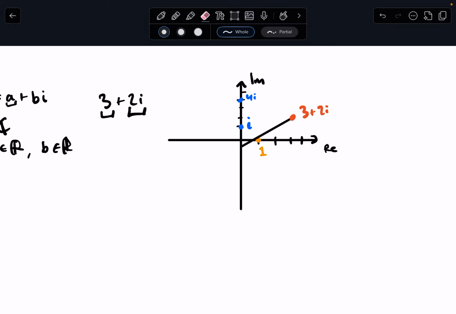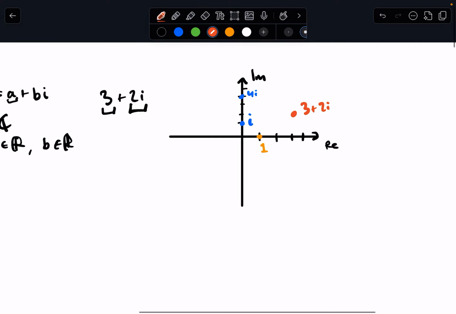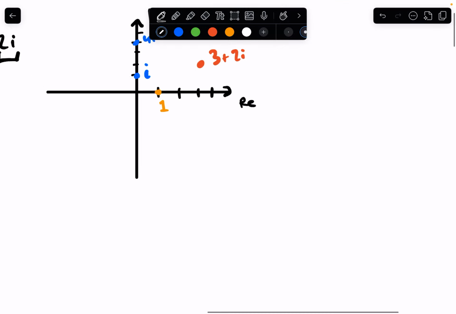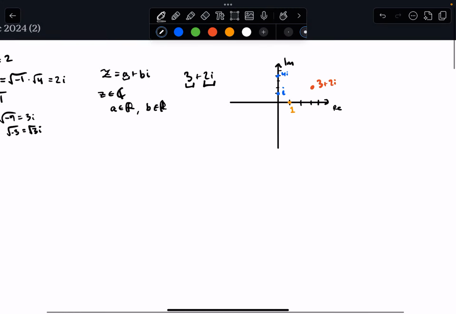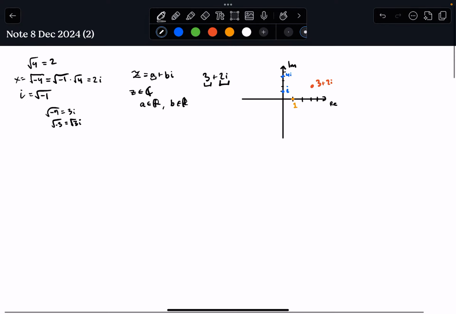Complex numbers are used in electrical engineering, physics, and they are a fundamental part of algebra. And now this is the basics of complex numbers. This is one way to represent them.